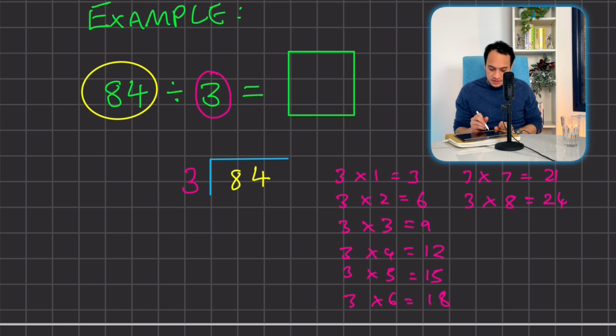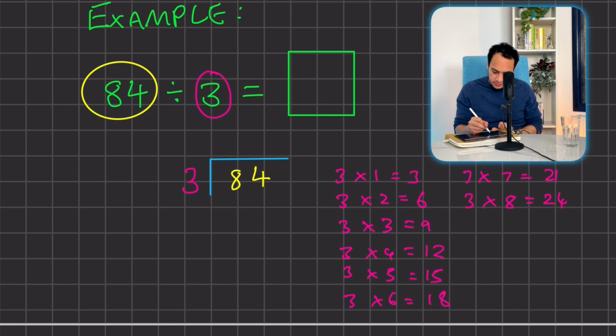First of all, we're going to start with this one. So we take our number here, and then we're going to see how many times it fits into 8. So, because we know our 3 times table, and it goes 3, 6, 9, you'll notice that 8 is more than 6, but does not reach 9. So, therefore, 3 is going to fit 2 times, but with a remainder.